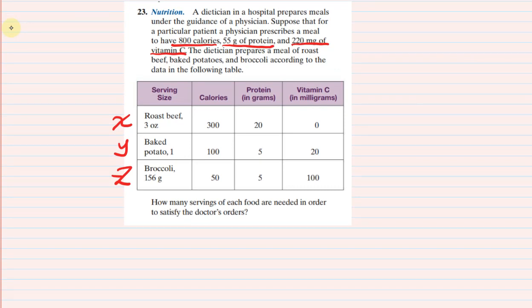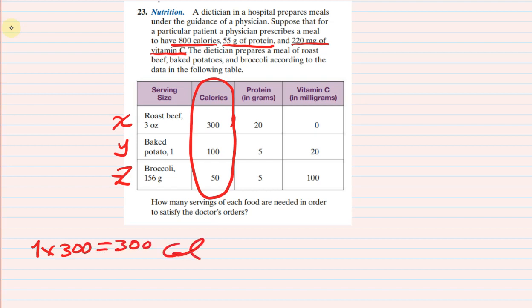Now, let's see how we're going to set up the constraints or equations in the system. First of all, for calories, the patient is required to take 800 calories, right? The sources of the calories for this patient are going to come from those three food categories, correct? So for example, if you give this patient one serving of roast beef, 1 times 300 makes 300 calories.